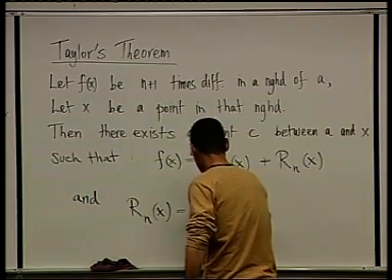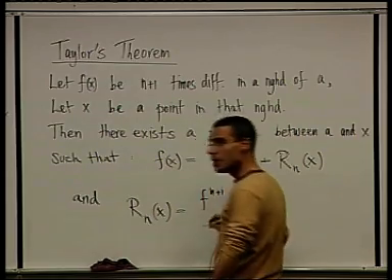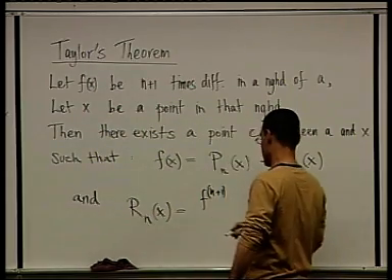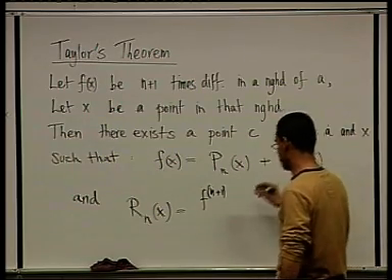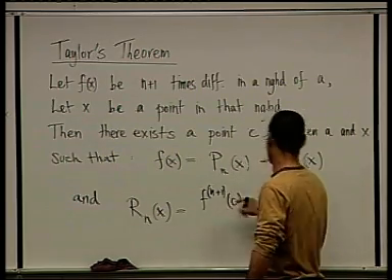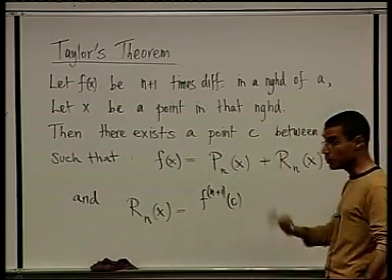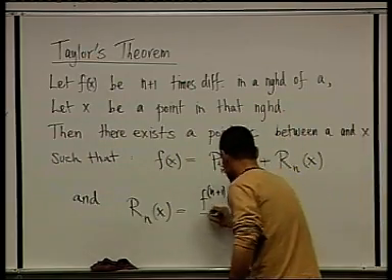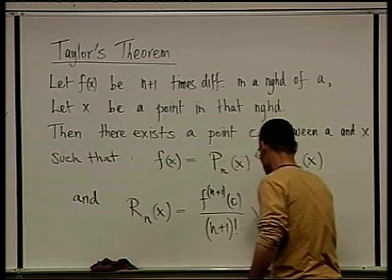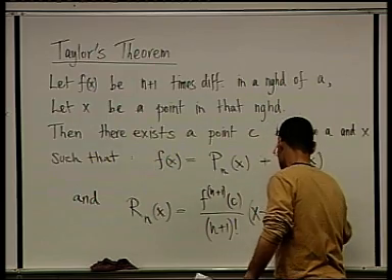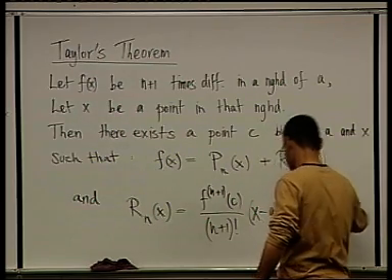It's the n plus 1th derivative of the function at the point C, at this intermediate point, which we don't know what it is, divided by n plus 1 factorial times x minus a to the n plus 1.